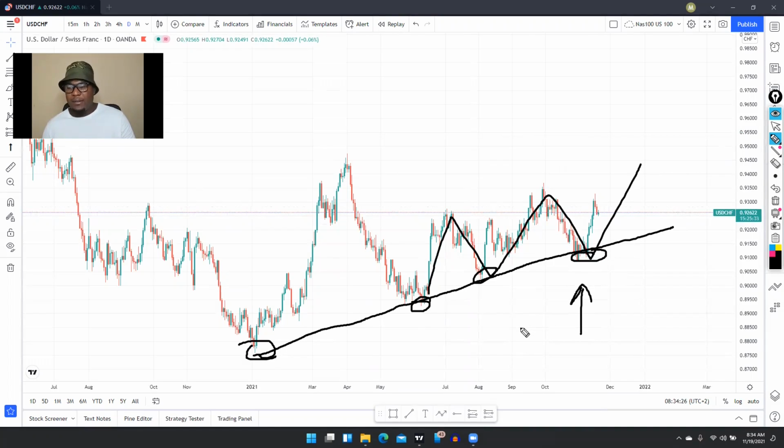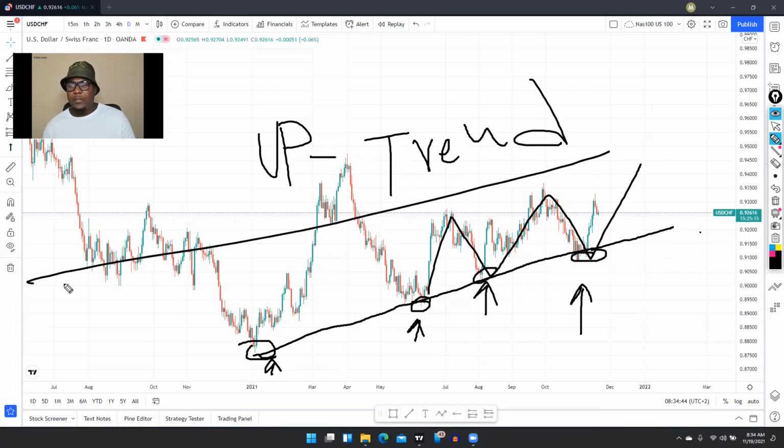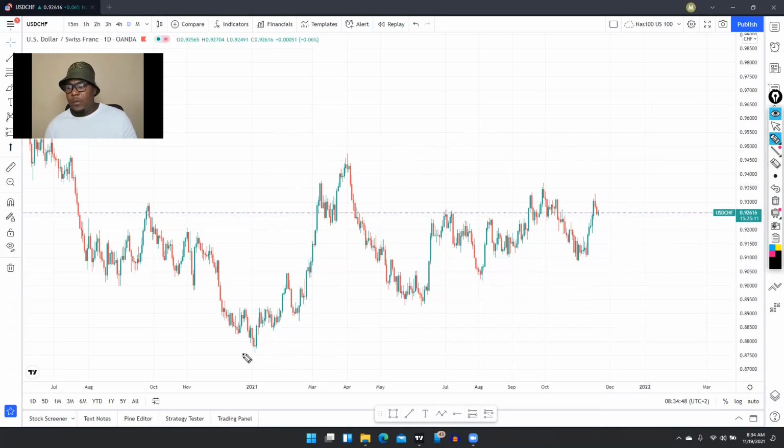I hope you see that the market, when it touches that area, it pushes up. So it means that it's an uptrend.